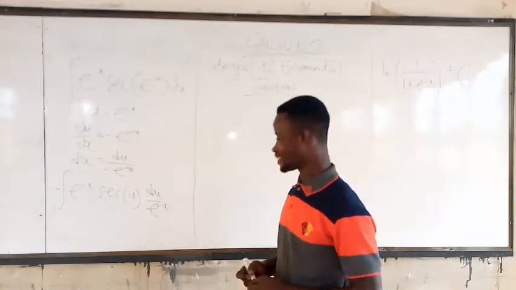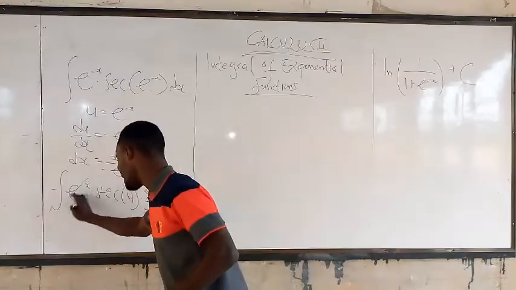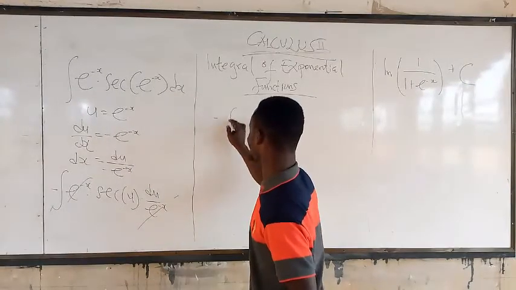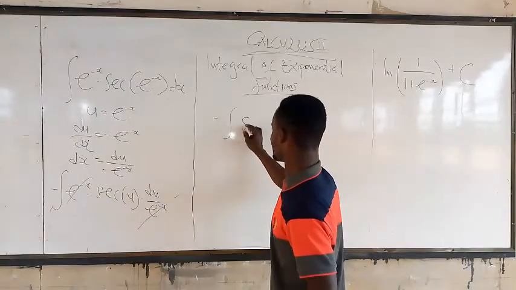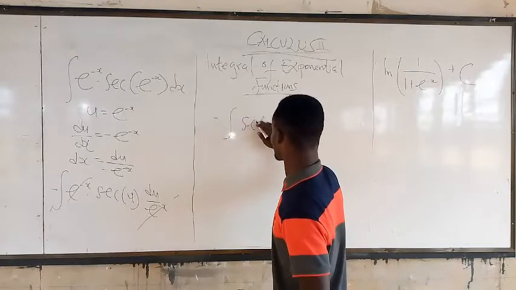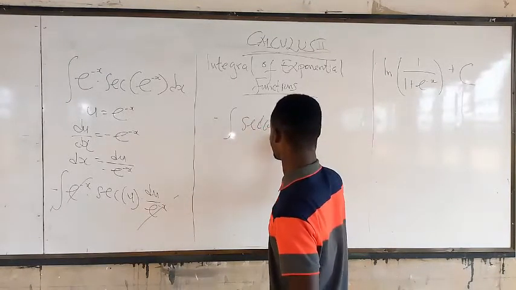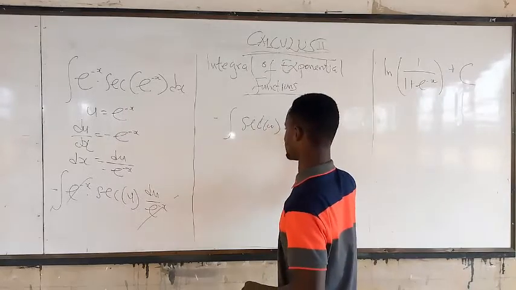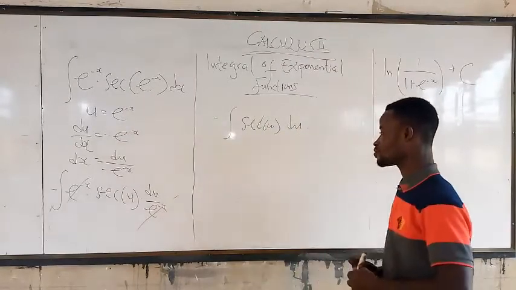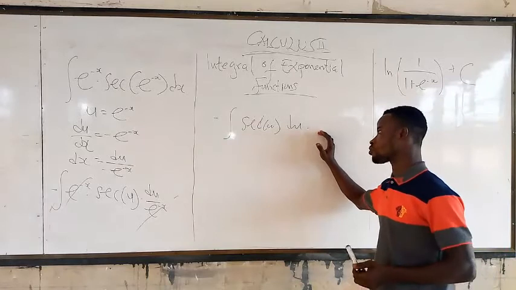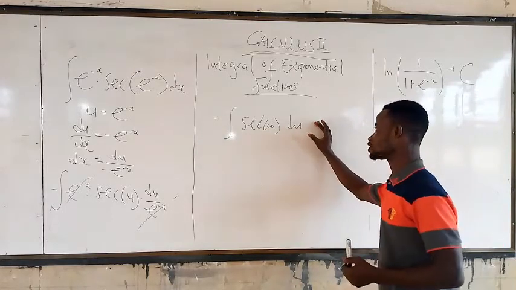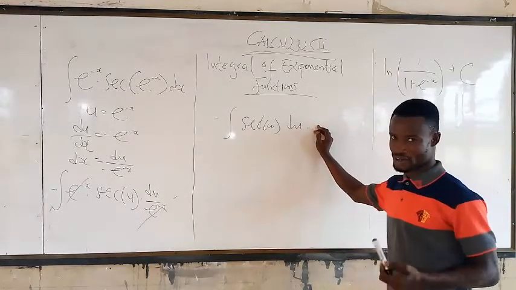Slow down today, don't worry. This will cancel this. The negative integral of sec u. Now you see, we have gotten it in a proper form. Something that you know already, alright?